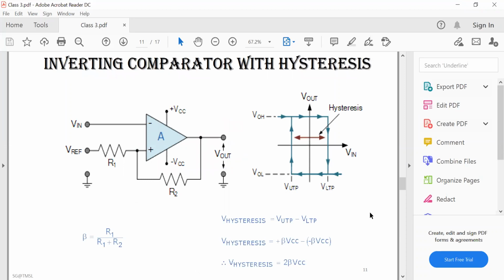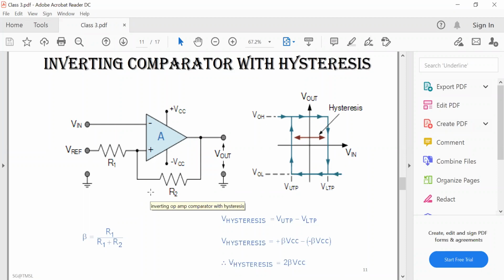For the inverting comparator circuit here, V in is applied to the inverting input of this op-amp. Resistors R1 and R2 form a voltage divider network across the comparator, providing the positive feedback, with part of the output voltage appearing at the non-inverting input.